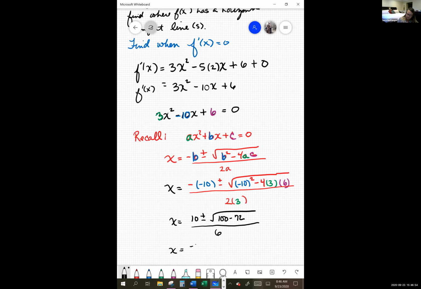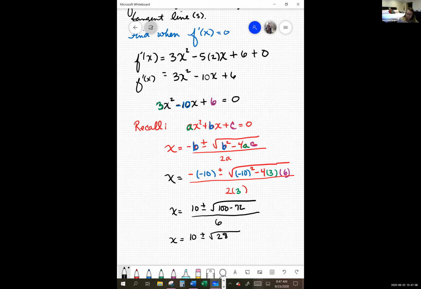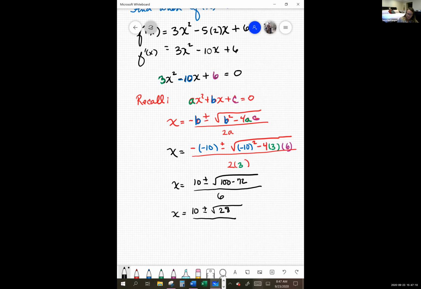So x is equal to 10 plus or minus the square root of 100 minus 72, which is 28, all over 6. So this can be reduced. There's a factor underneath the radical that's a perfect square.